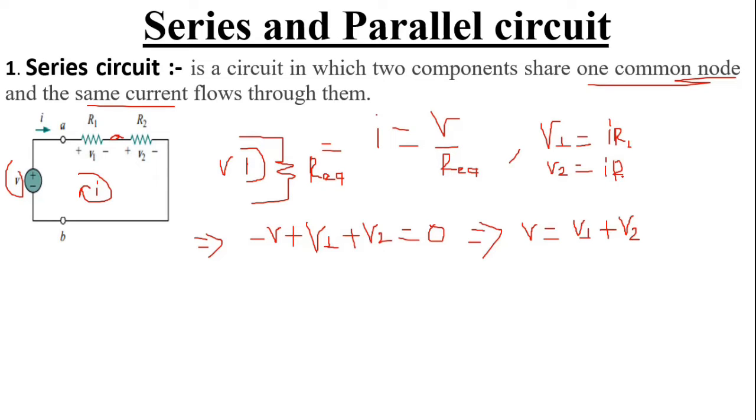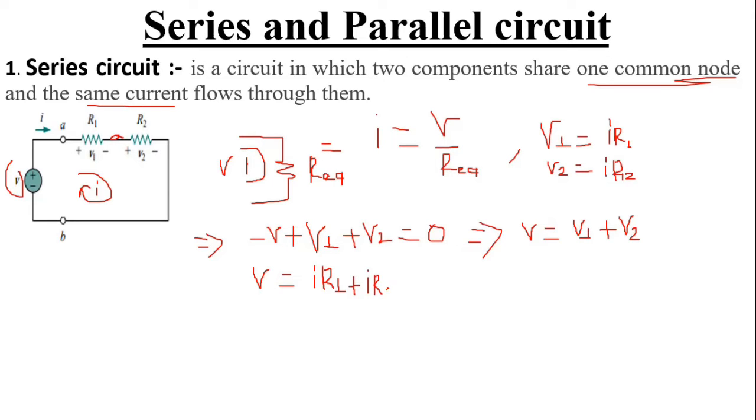Now we can substitute the values of V1 and V2 in terms of I. So V, the total voltage applied to this circuit, is V1 replaced by I times R1, plus I times R2, that means the voltage drop across the second resistance.